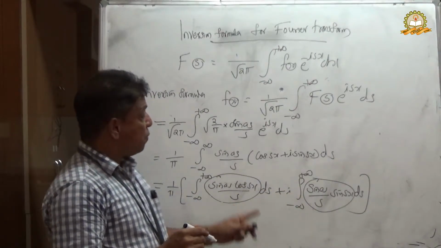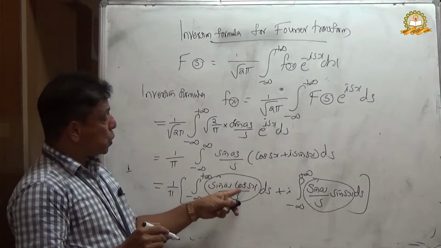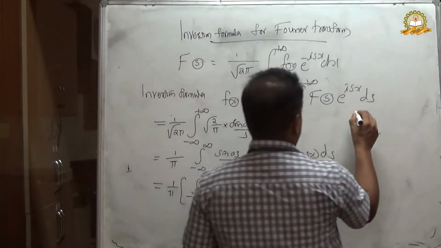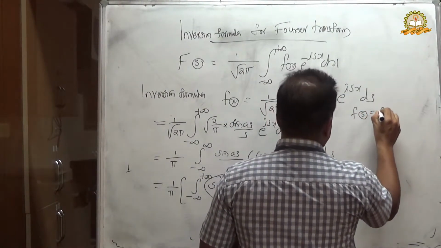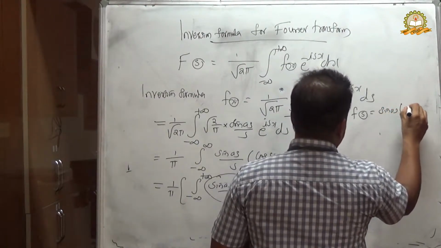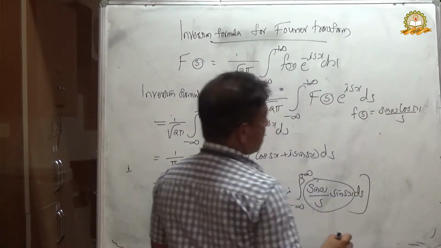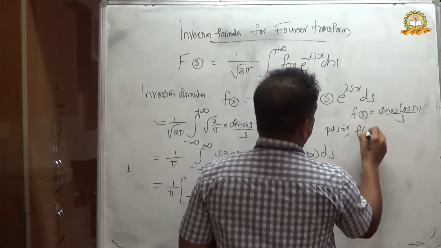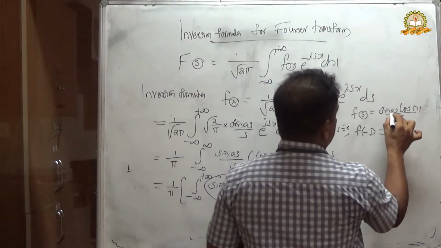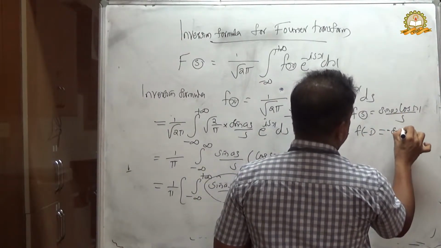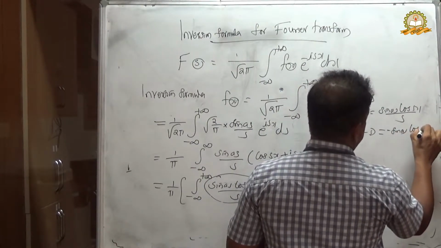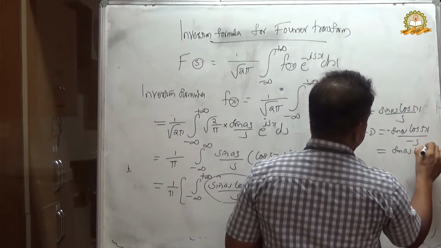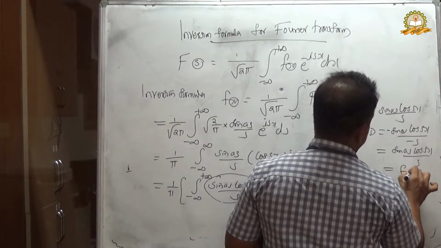Similarly for the second case. But first we have to check whether sin as into cos sx by s is even or odd. For that, we take f of s equal to sin as cos sx by s, and put s equal to minus s. Therefore, f of minus s is equal to sin of minus as, that is minus sin as, cos sx, cos sx itself, by minus s, that is sin as cos sx by s, that is f of s.